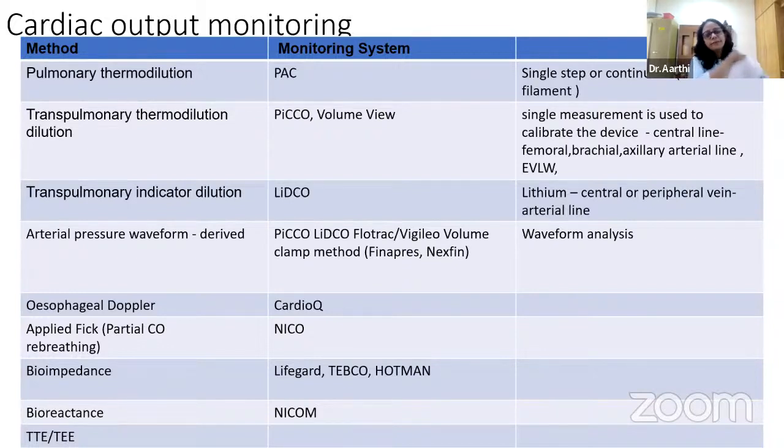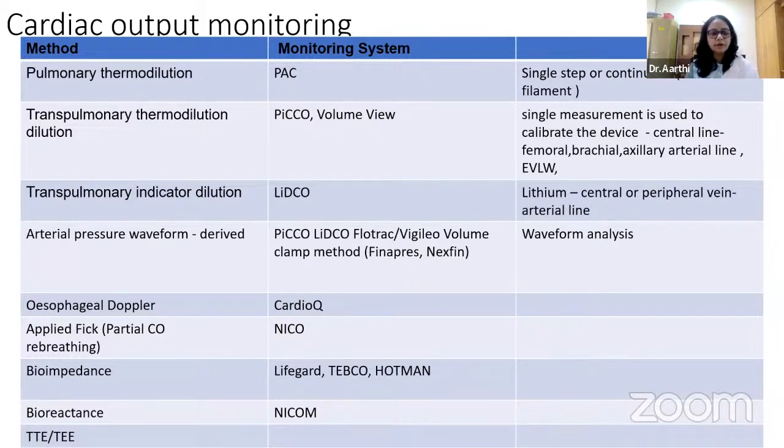And there are other monitors where we assess the cardiac output through arterial pressure waveforms. So the LiDCO device, FloTrac and Vigileo use these algorithms. There are different waveform algorithms which compute and analyze the area under the arterial line curve, and this gives the stroke volume and hence the cardiac output of the patient.